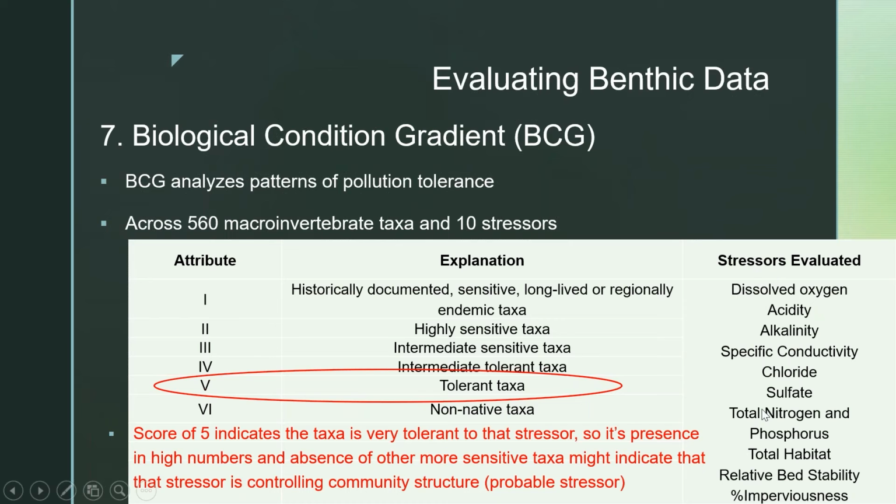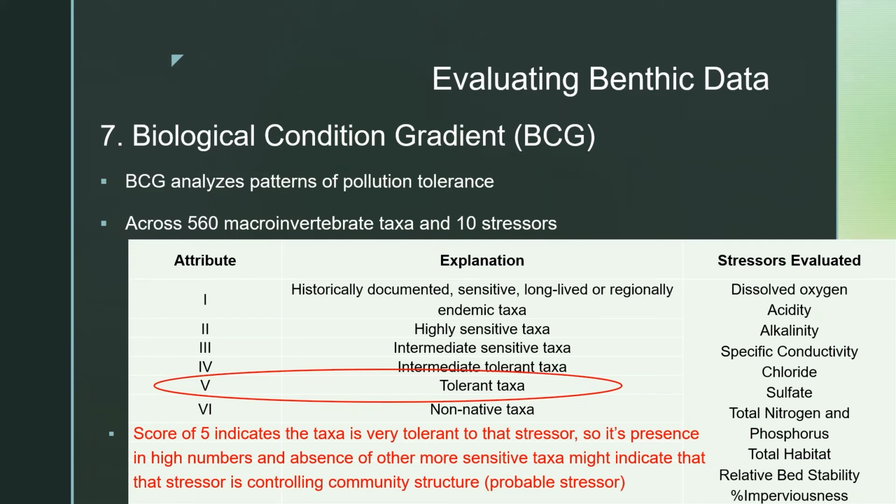For this attribute, a score of 5 indicates that taxa is very tolerant. So if that particular taxa is present in high numbers, that could be an indicator that that particular stressor is controlling the community structure, and could be a probable stressor.